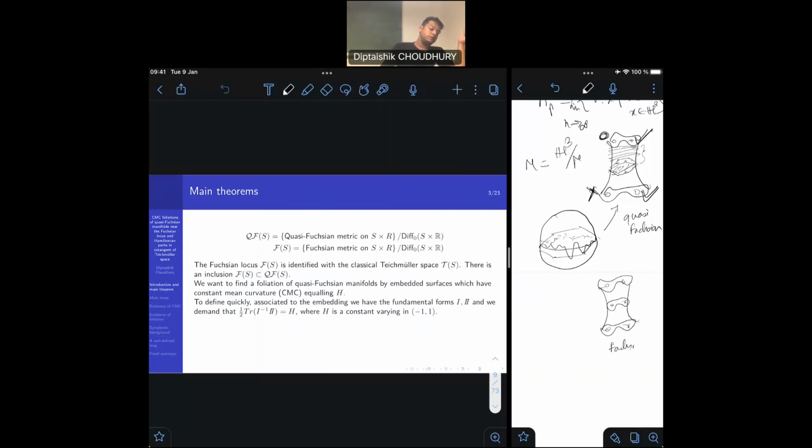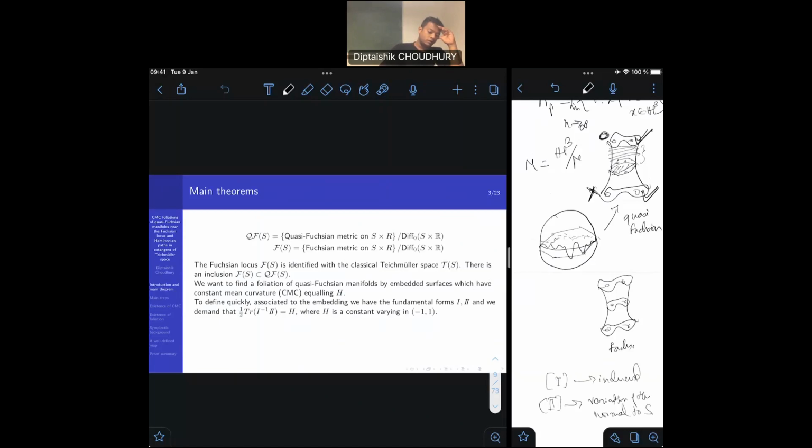What we mean by a constant mean curvature surface is that, as I have written, if you have a surface inside a bigger manifold, or in particular this quasi-Fuchsian manifold, then it comes with the first and the second fundamental forms. The first fundamental form tells you the induced metric, and the second fundamental form tells you the variation of the normal of the surface as you move along the surface.